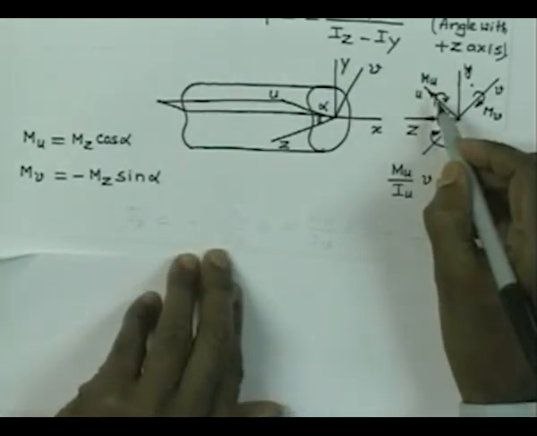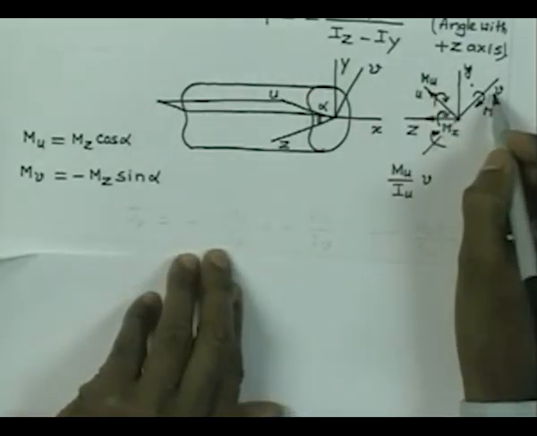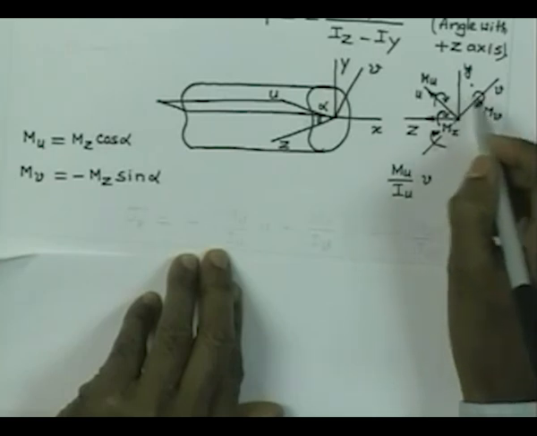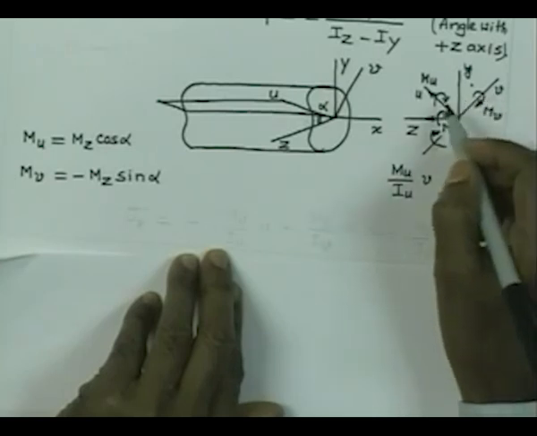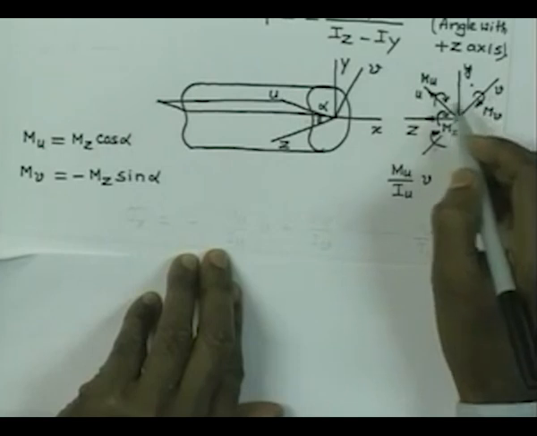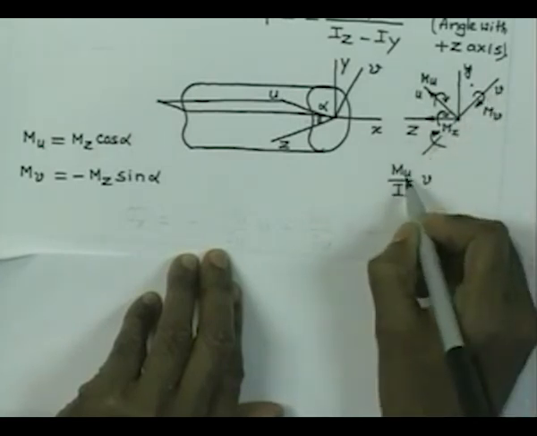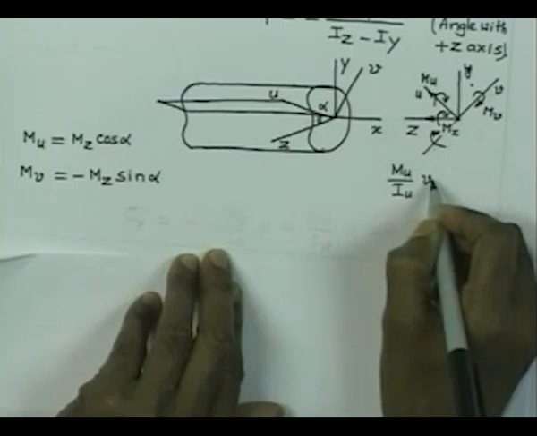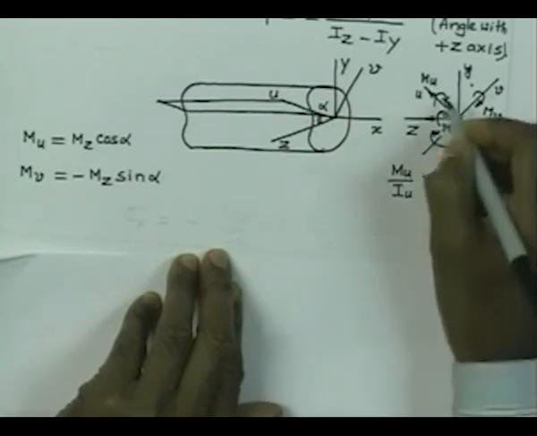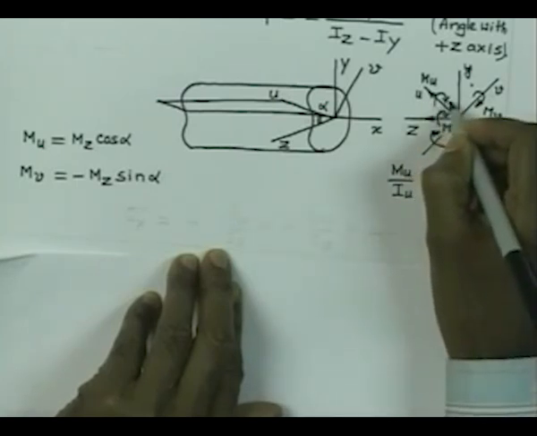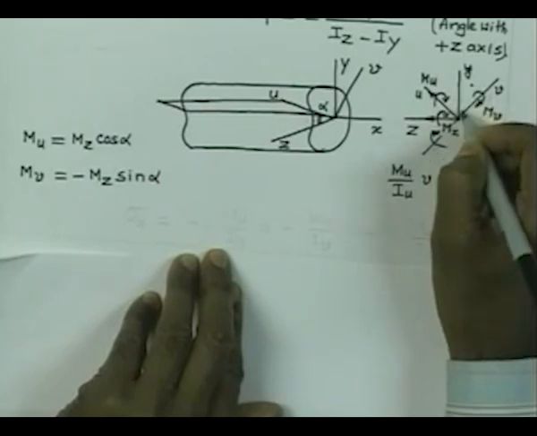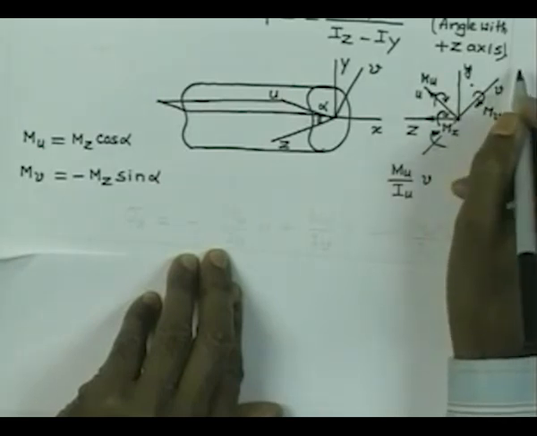sigma by v is equal to minus, I beg your pardon, minus sigma by v is equal to Mu by Iu. So, therefore, if I use that formula, it will be Mu by Iu into v, that gives me stress, and note that this particular moment is going to cause compressive stress in the segment where v is positive.